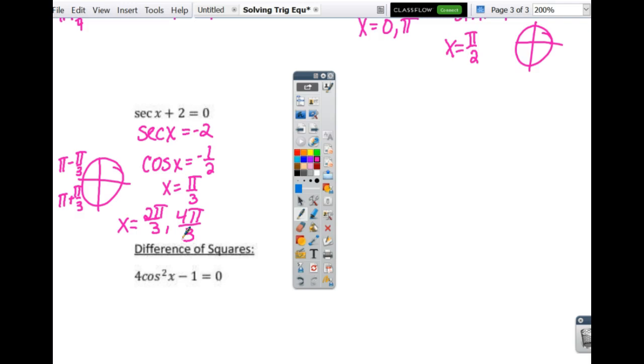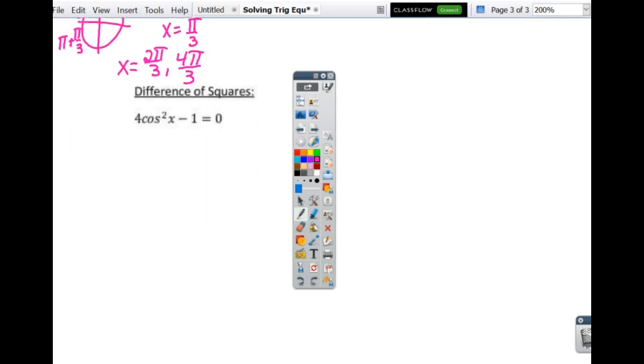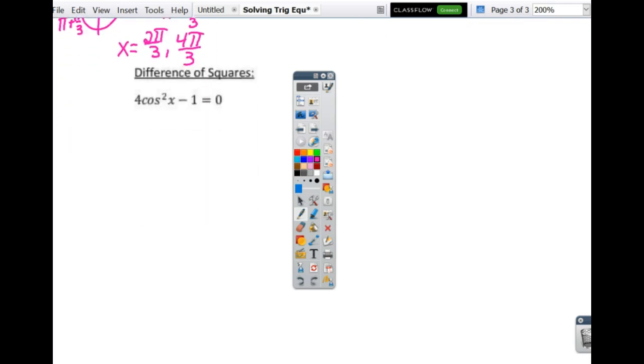Okay, one last example. So the difference of squares. So 4 cosine squared minus 1. So if I was going to factor this, what would it look like? It's a perfect square. And if you get confused, write this. 4x squared minus 1.